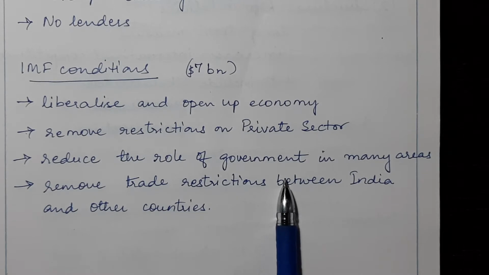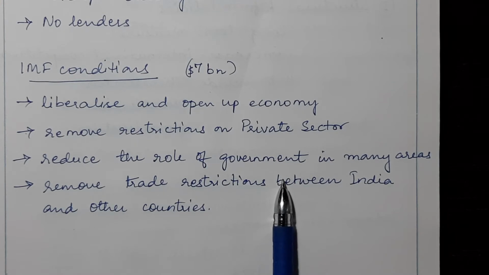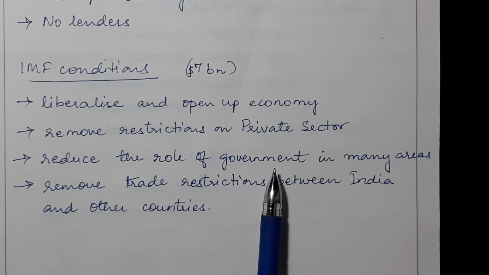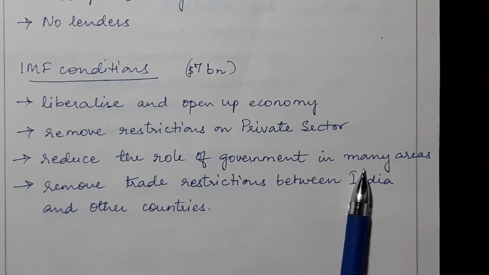And so it restricted the entry or the role of the private sector and said that the public sector units were more important because that was for social welfare. So the government was spending a lot of money in these. We also just now saw the social sector and defense, which did not provide us with immediate returns. The government was spending huge amounts in them. So the government was asked to reduce its role in many areas.